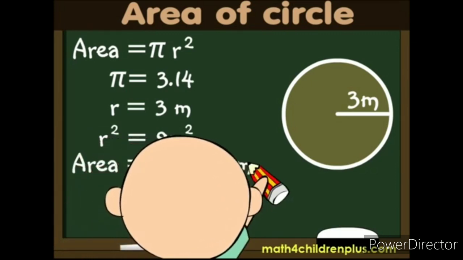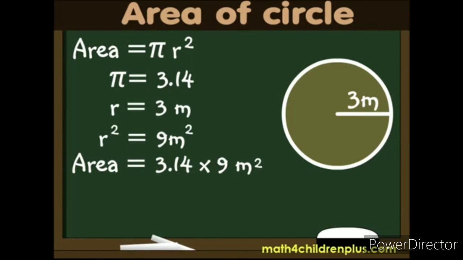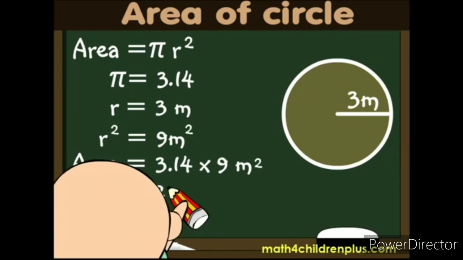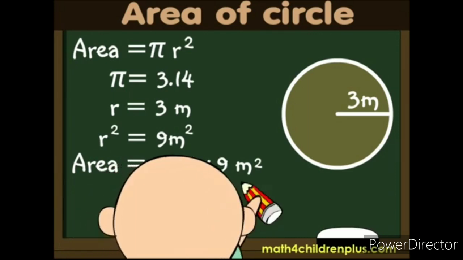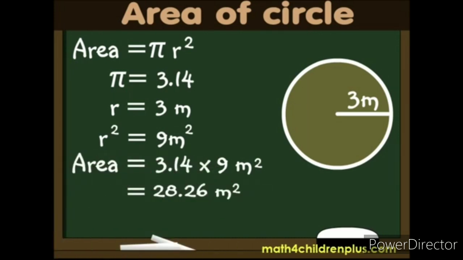So the area of this circle is 3.14 times 9 meters squared. Are you ready to see the answer? Great! The area of this circle is 28.26 meters squared. There you have it, the area of a circle.